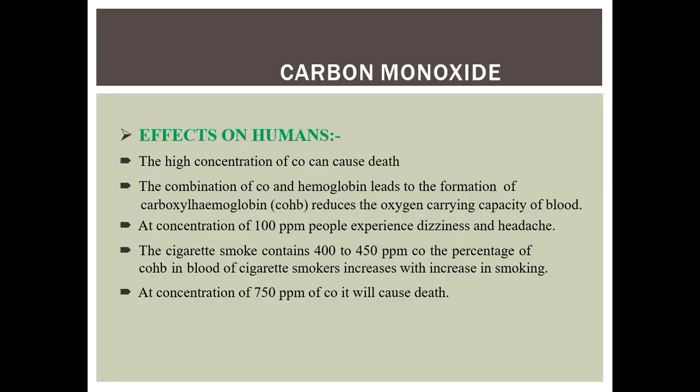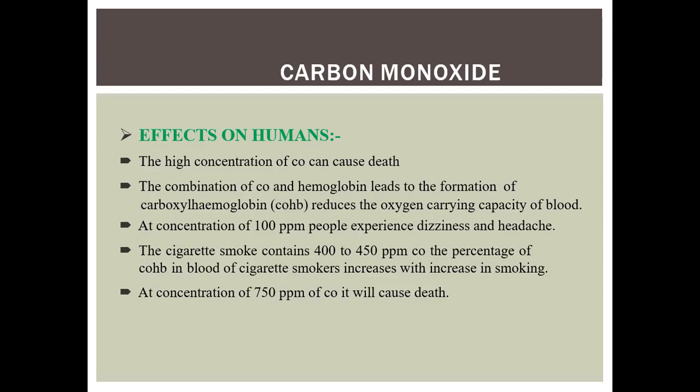The next pollutant is carbon monoxide. The effect of carbon monoxide on humans: high concentrations of CO can cause death. The combination of CO and hemoglobin leads to the formation of COHb, which is carboxyhemoglobin. It reduces the oxygen carrying capacity of blood.